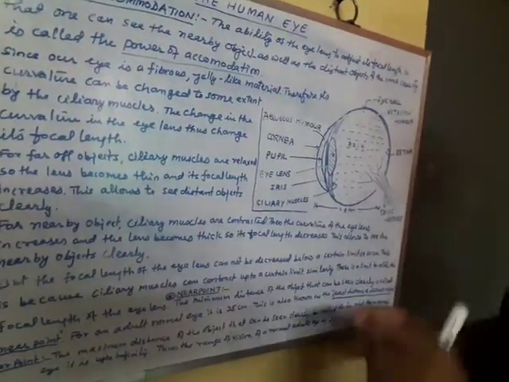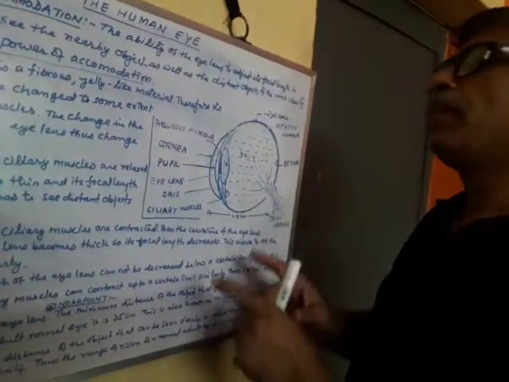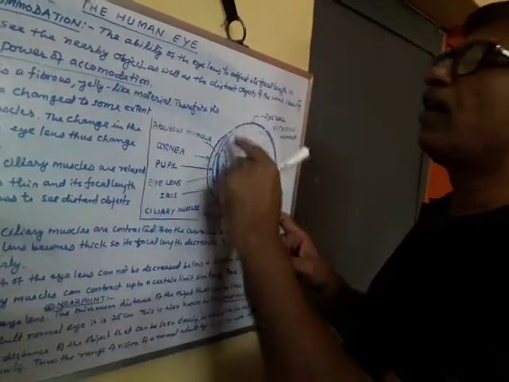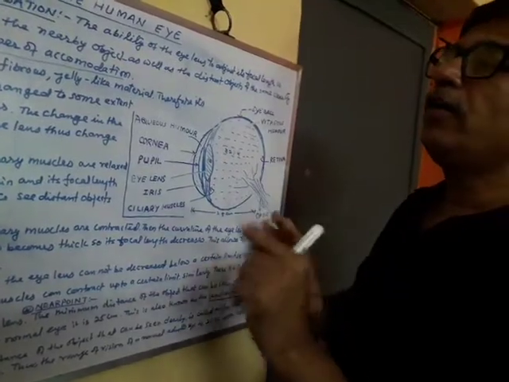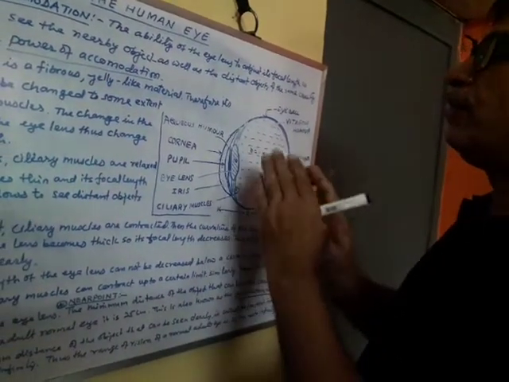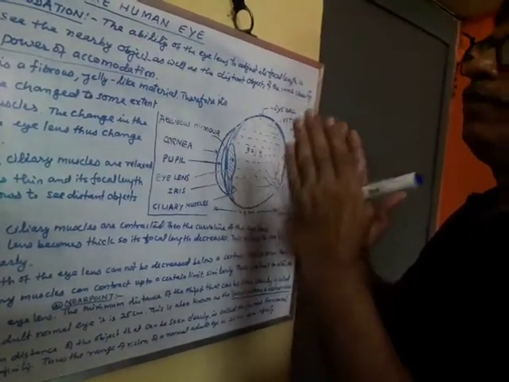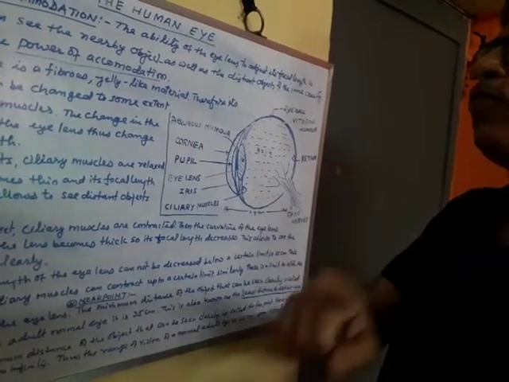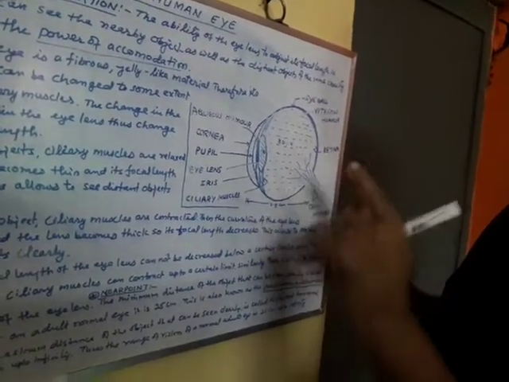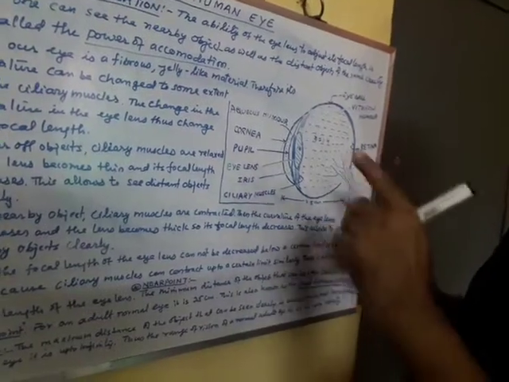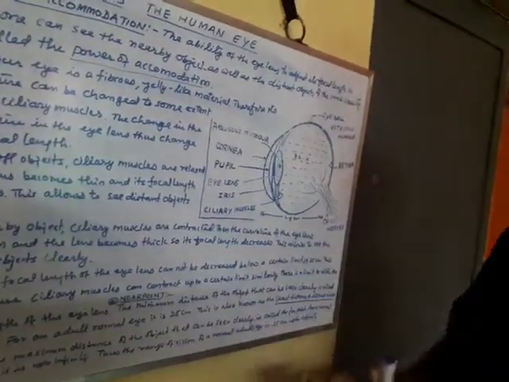When we see distant objects, our ciliary muscles are relaxed, and our lens becomes thin. When the lens becomes thin, its focal length is increased. This allows us to see distant objects clearly.